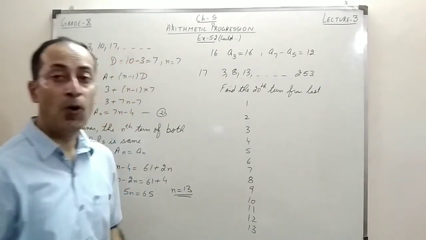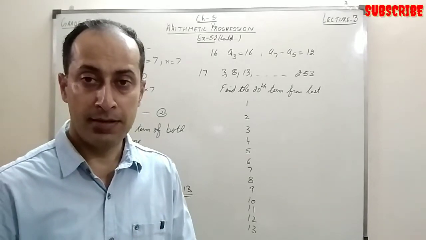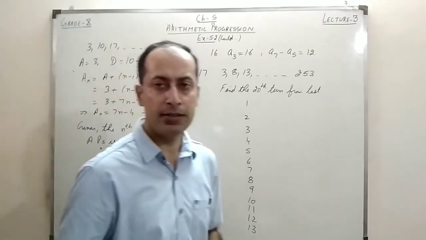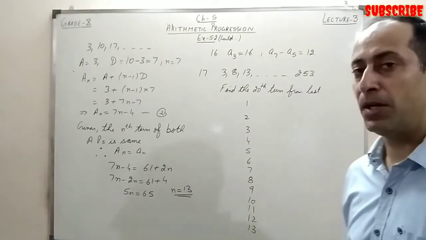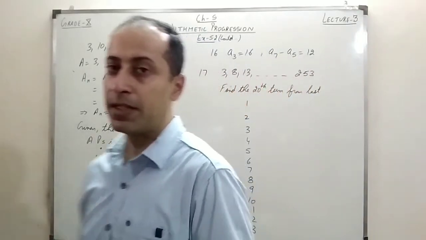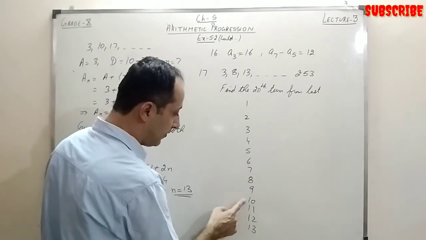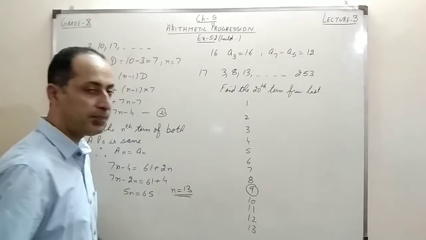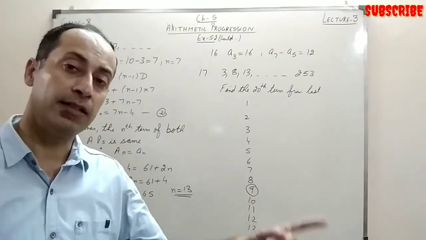I ask, who is the fifth person from the last? You might think 13 is the total, you subtract 5, it means 8. But that's not the correct answer. See, just start counting: 1, 2, 3, 4, 5. It means the fifth person from the last is this one. We started counting from the back side.